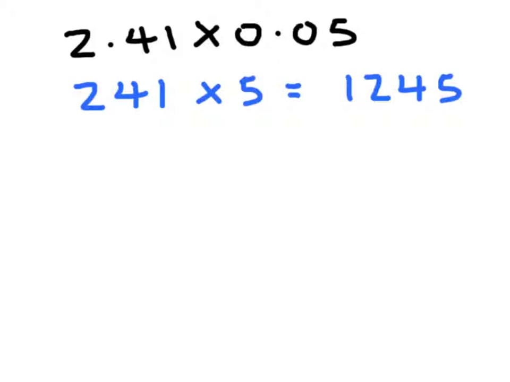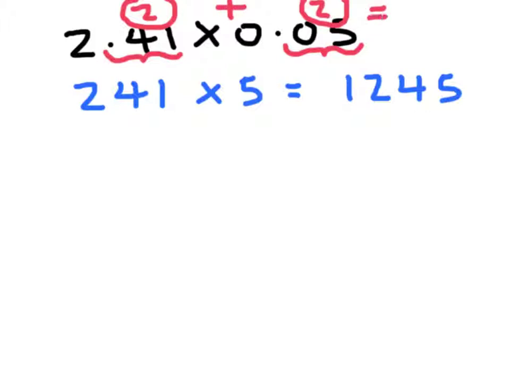But 1245 isn't the answer, because the second stage in this is to go back to the original numbers being multiplied and add up the decimal places in each of these. So 2.41 has 2 decimal places, and 0.05 has 2 decimal places, and if we add these together, we get 4 decimal places.